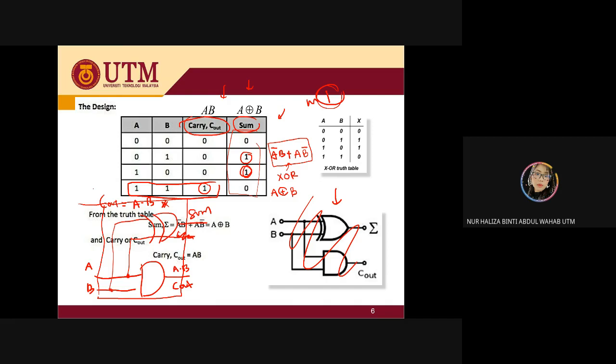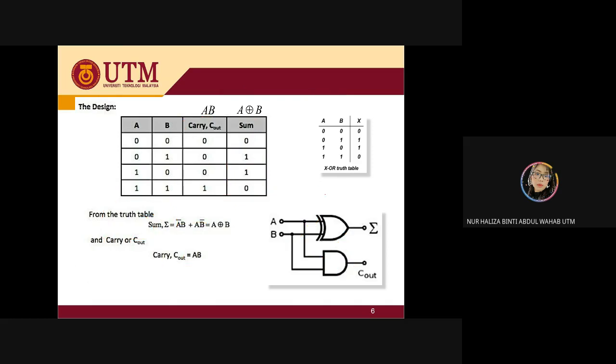This is my half adder. I have 2 inputs. I have an output of sum and an output of carry. So don't look at the messy part, look at this one, which is going to be A XOR with our B. So this is my sum.